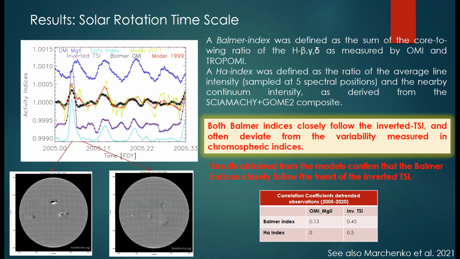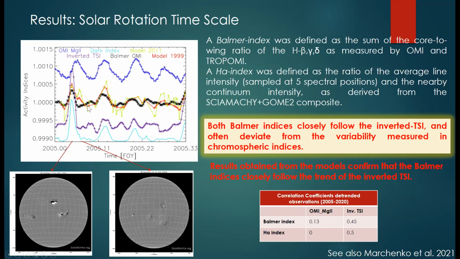This slide summarizes our results on the solar rotation time scale. The plot in particular shows the Balmer index derived from the OMI observations, and the other colored lines depict the variation of other indices rescaled to fit the figure. As you can see, for the first three rotations, the magnesium index seems to produce a variability where the peaks more or less have the same height.